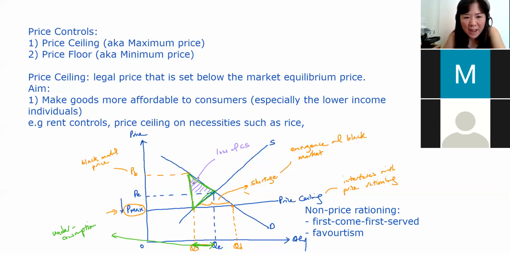Previously, consumers had a bigger consumer surplus triangle over here. Although the price of the good has decreased, overall consumers are worse off due to this loss of consumer surplus. And from the producers' perspective, they will have lost this area here.